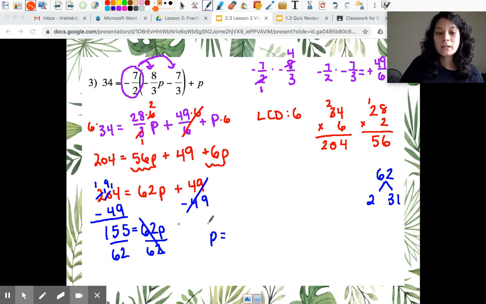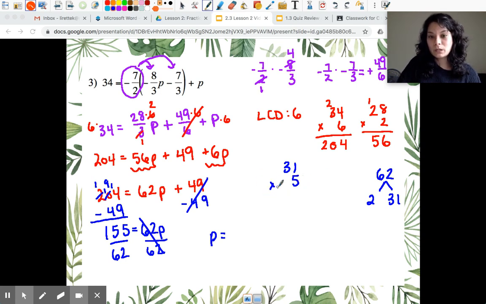Let's try that. So I'm going to do some guess and check to see what I would multiply with 31 to get 155. Let's try 5, because I want my number to end in a 5. So even I have to think about these problems a little bit sometimes. So don't feel like you're not doing really well with these if it takes you a little bit of time. 5 times 1 gives me 5, and 5 times 3 gives me 15. There it is. So 31 is what I want to divide both of these numbers by.